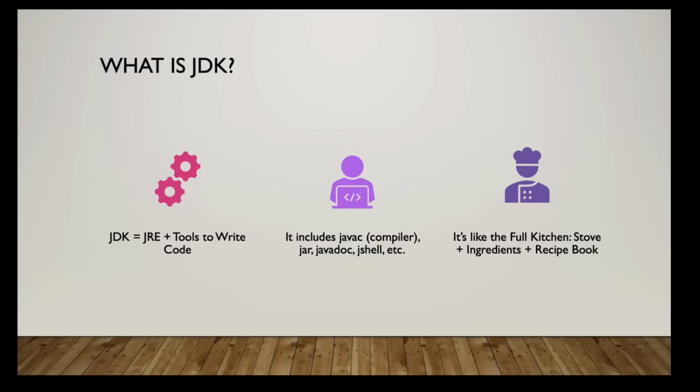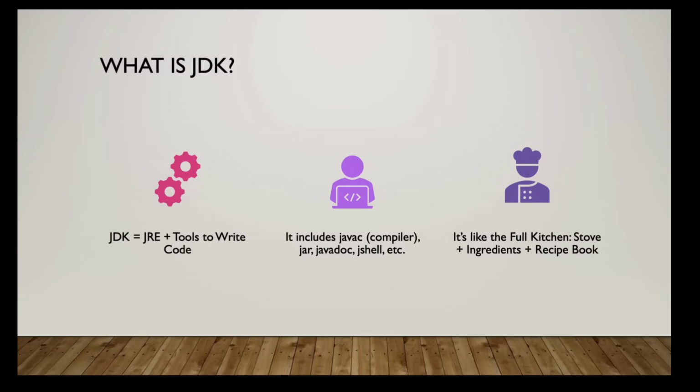JDK is JRE, basically the runtime environment, plus tools to write your code. Now you have JVM, which does the logic for you and runs your code, then JRE, which provides you the runtime environment, and on top of that is JDK, which has all the necessary tools. Using those tools, you can build libraries and write your code.